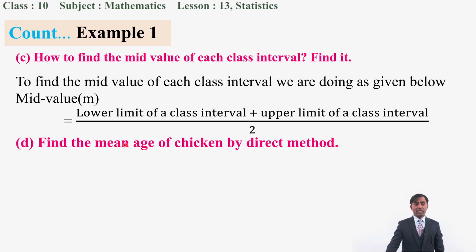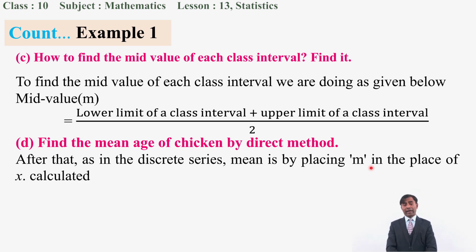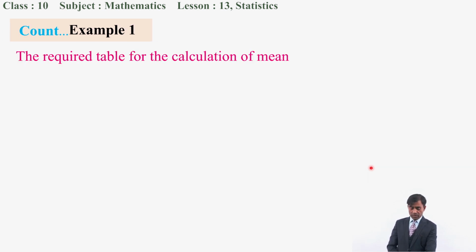So find the mean age of chickens by direct method. So let's find out how to find the mean in a continuous series, that is by the direct method. As in the discrete series, the mean is calculated by placing m in the place of x, in this way.